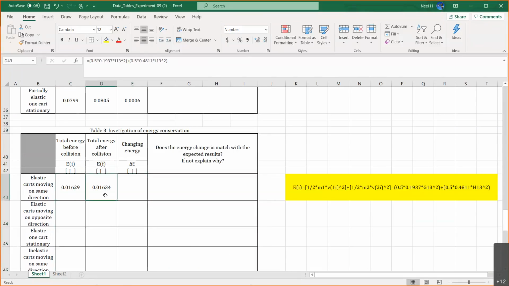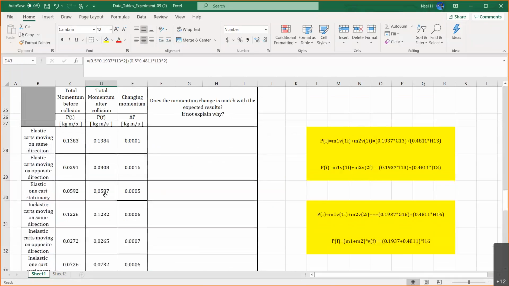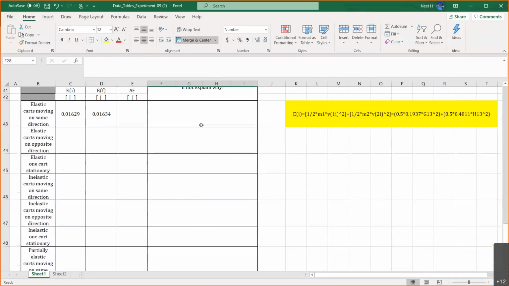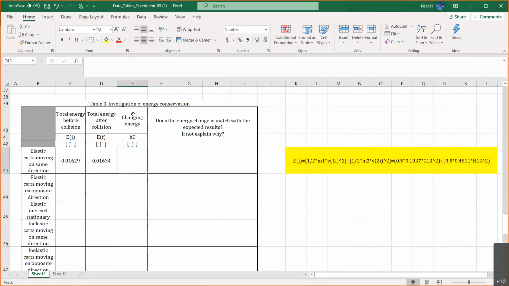But still, if it shows in the 5th decimal place, let's write down what the possibilities are, because you have a reason here for the momentum change. That reason affects this too. The same kind of reason is going to affect this observation too. But this is not a huge energy loss at all, okay? Very, very small. So let's do the energy loss. ABS, we are interested only in the loss, okay?